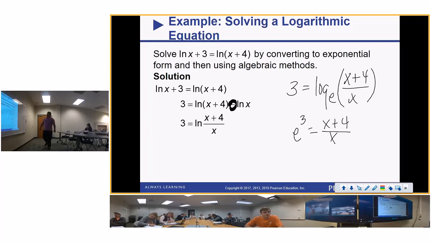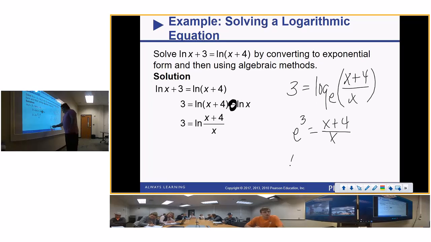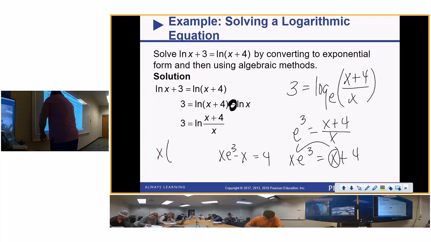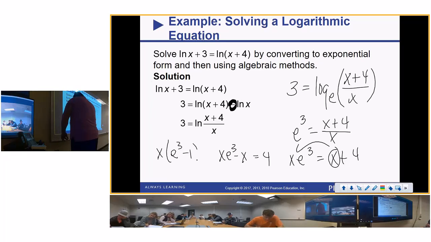So multiply both sides by x, we get x e to the 3rd is equal to x plus 4. Bring the x across. We get x e to the 3rd minus x equals 4. X times (e to the 3rd minus 1) is equal to 4. Divide by e to the 3rd minus 1, which is what?